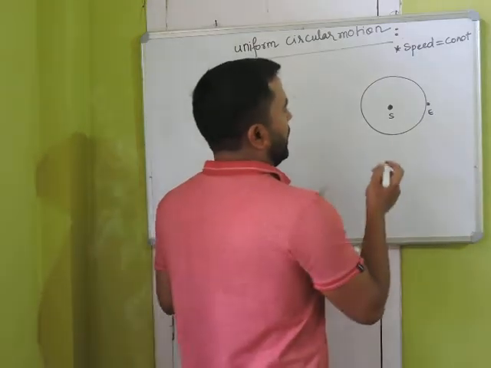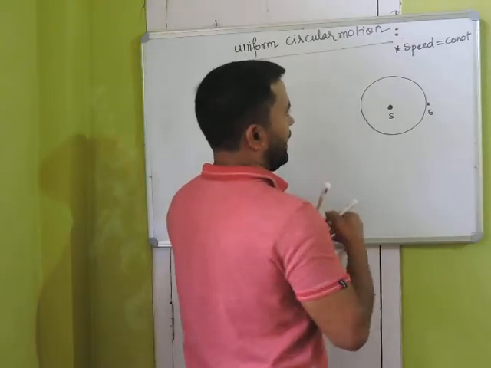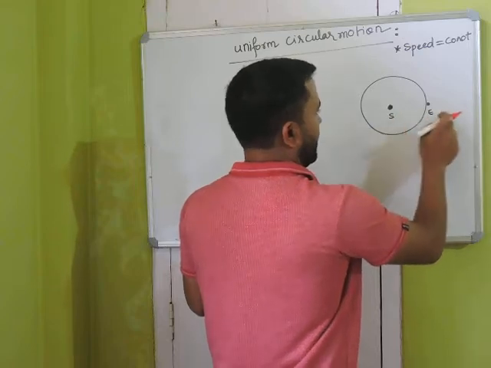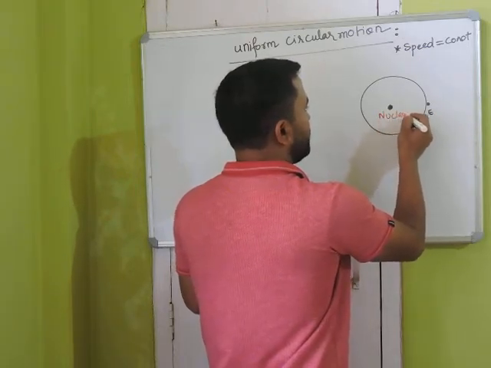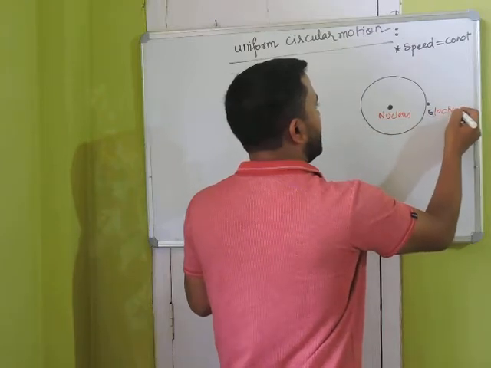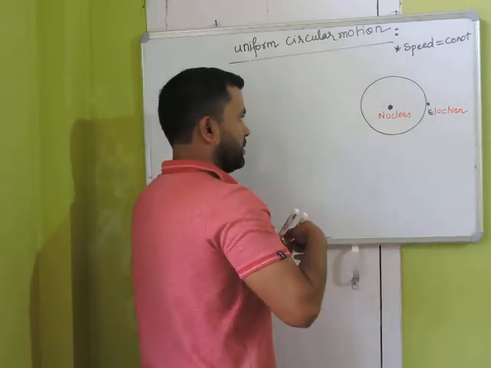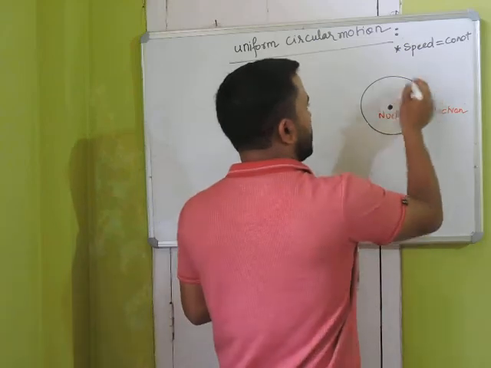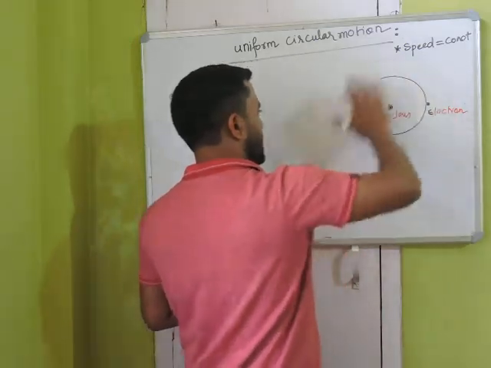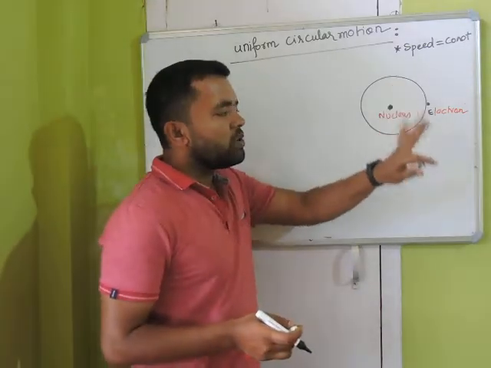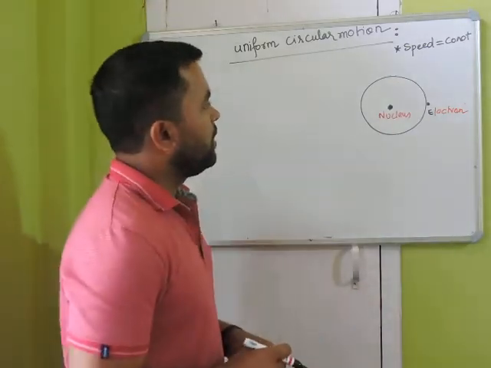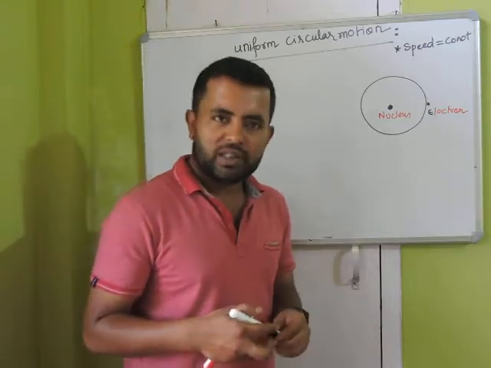Now if I replace the sun with a nucleus and the earth with an electron, you all know that the electron also goes in a circular path. Then we can have a lot of examples.